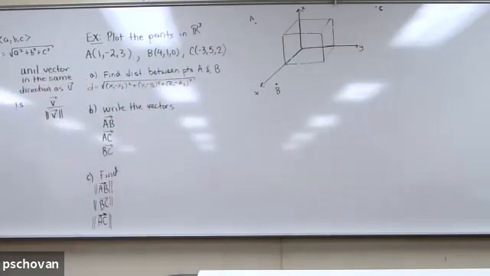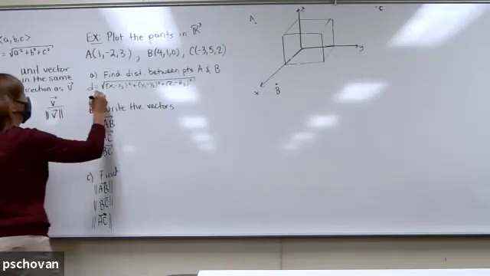And if ever in one of your classes you find yourself in n dimensions, this applies to n dimensions as well. You just take the difference in each dimension. Square them, add them together, take the square root. The order in which you subtract them doesn't matter because we're going to square them.